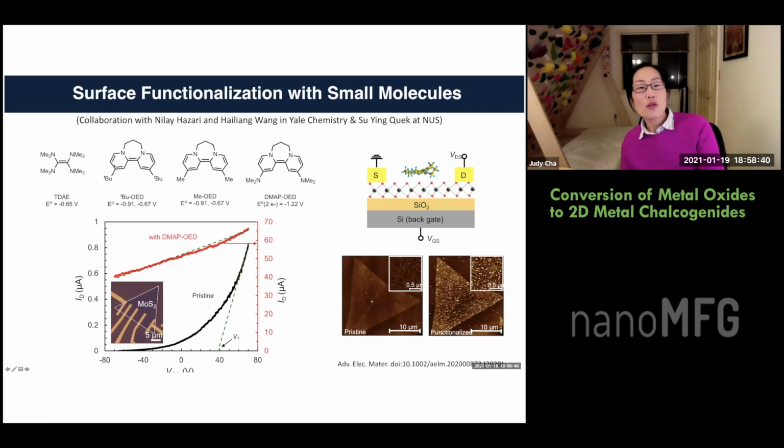So here are 4 different types of molecules we studied. Here's the redox potential. The redox potential sort of tells you the donating power that you should expect, but they have different ligands, so they have different sizes and different structures. So we're making field effect transistors. You can measure the FET characteristics before and after the functionalization.